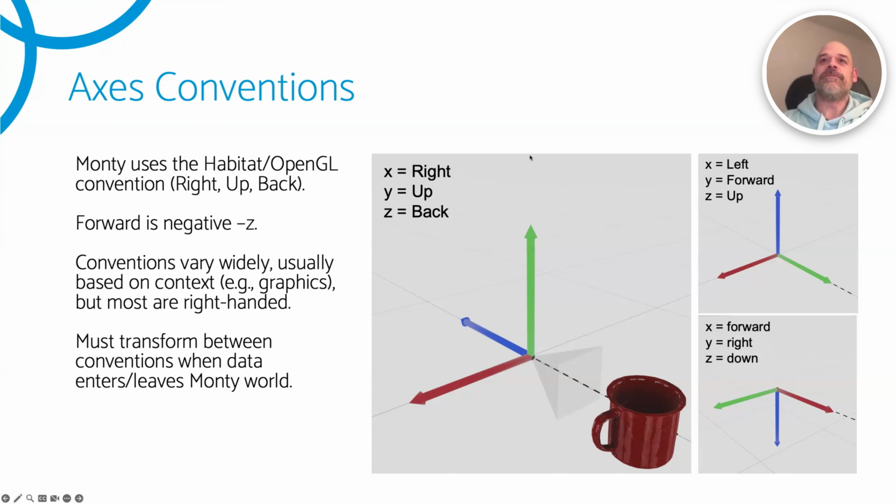If you stare down this y-axis, just mentally imagine it, then these axes go counterclockwise in this direction. So positive yaw is spinning that way. The way I do it is I just point my thumb in the direction of the axis and then curl my fingers.